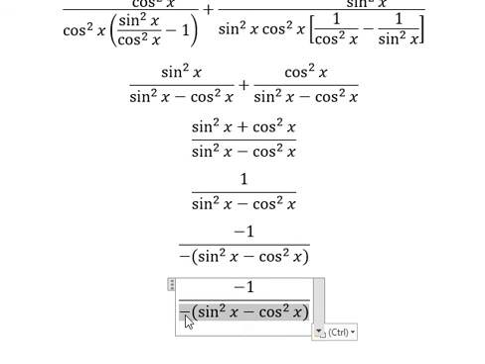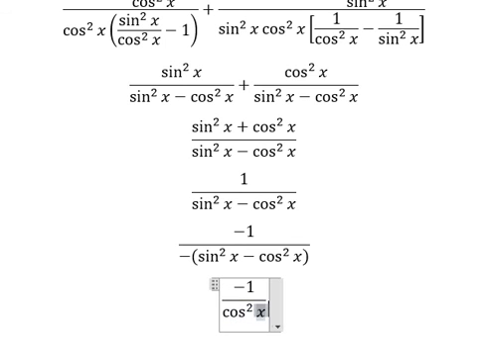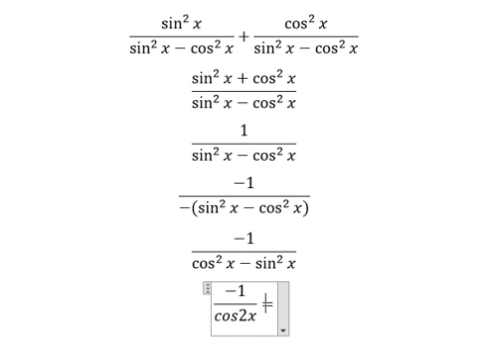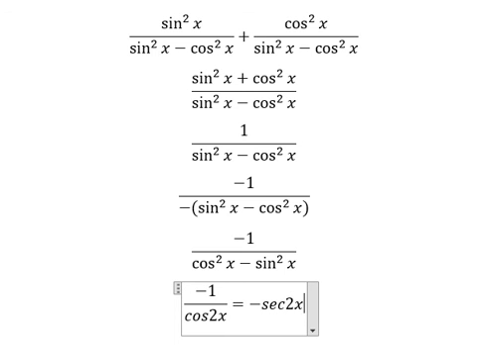This one they will change into cosine squared x minus sine squared x. And we know that cosine squared x minus sine squared x is cosine 2x. 1 divided by cosine 2x, we change into negative secant of 2x. And this is the final answer.